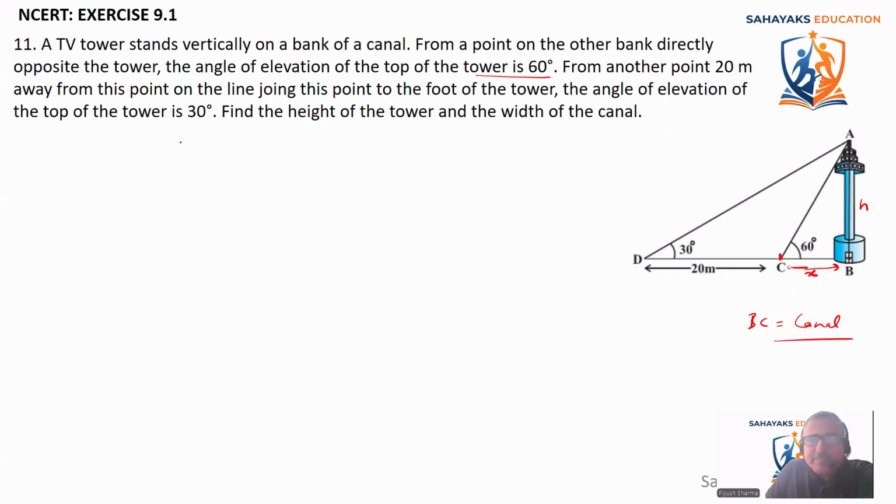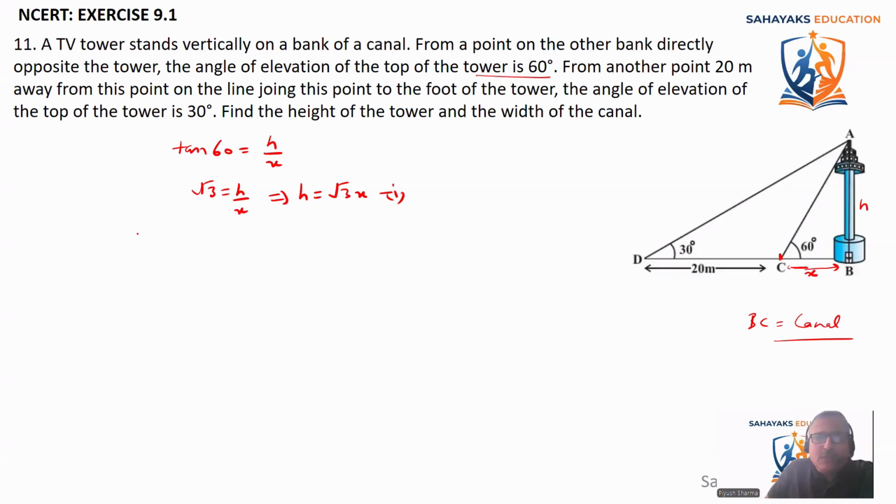In triangle ABC, tan 60 is equal to h divided by x. We know tan 60 is root 3, so root 3 is equal to h divided by x. This implies that h is equal to root 3x. This is our first equation.